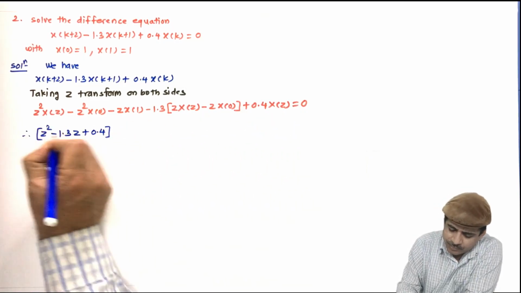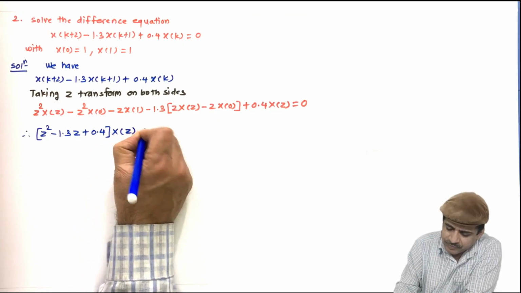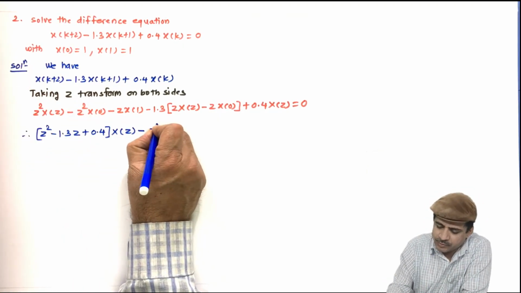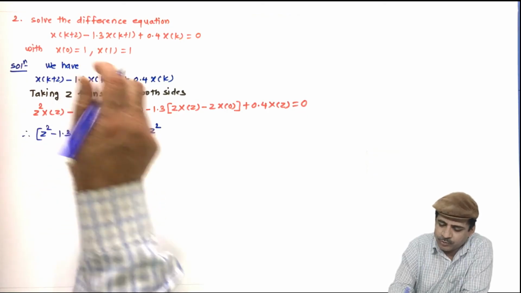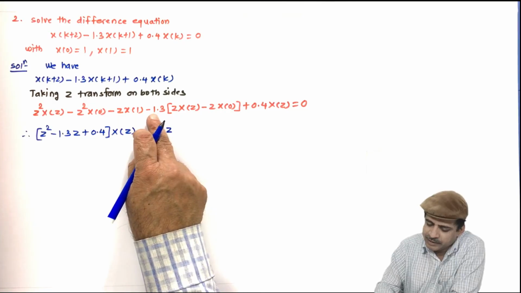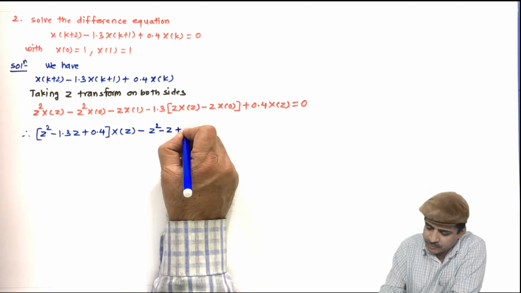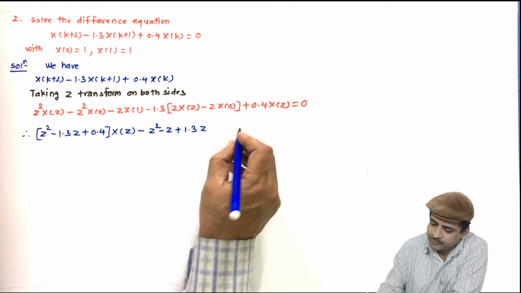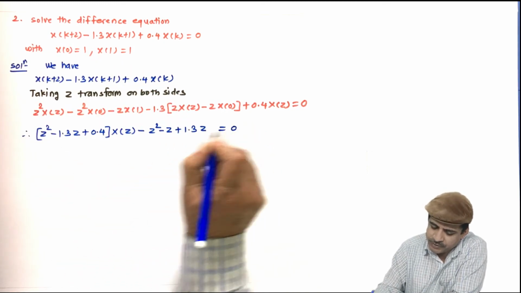I have collected the terms of x of z minus z square into x of 0 is z square, minus z into x of 1, so it's minus z. Then this plus 1.3 z, because x of 0 is again 1, and this is equal to 0.